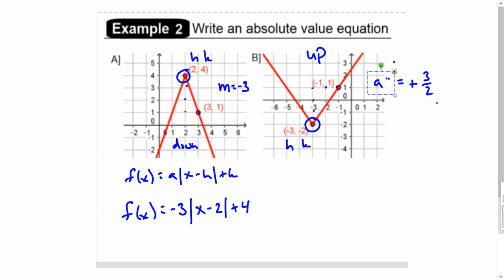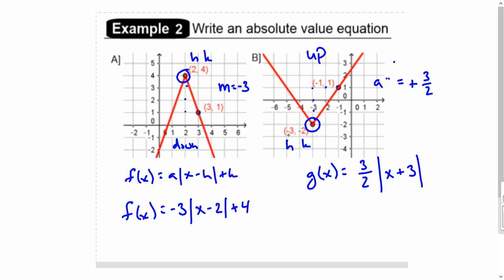So I have a, I have h, I have k. Let's write a function. We'll call this one g of x. So g of x equals positive 3 halves, so I just write it as 3 halves, times the absolute value of x. This time, though, it's going to be plus 3. Why is it going to be plus 3?